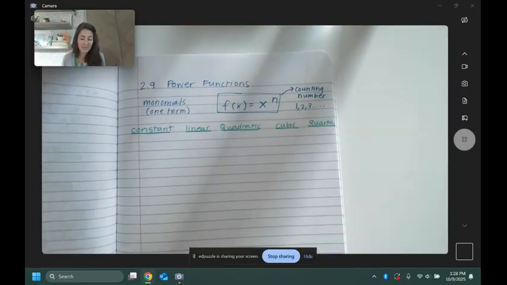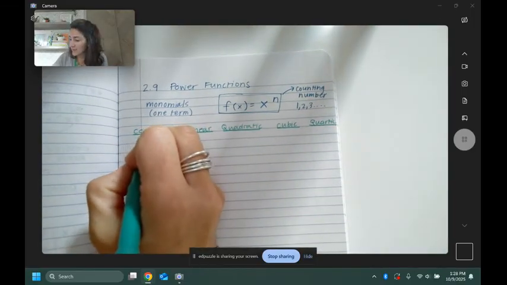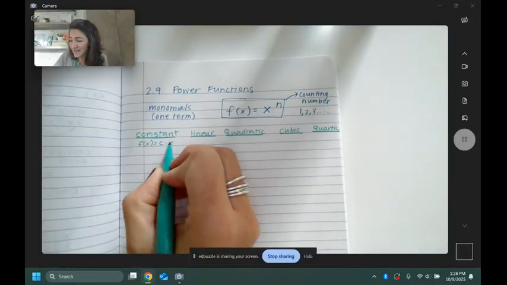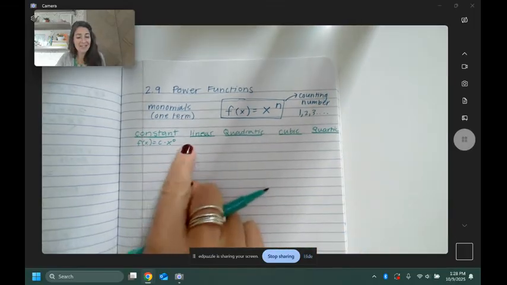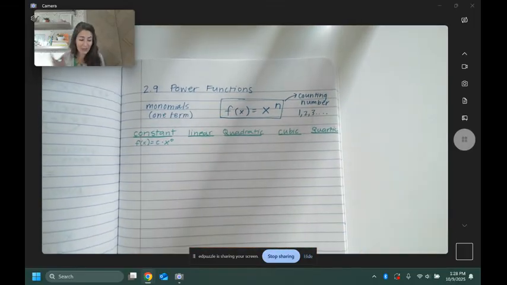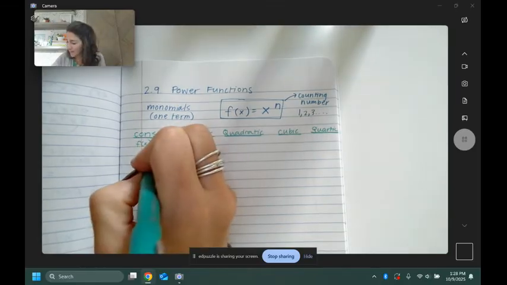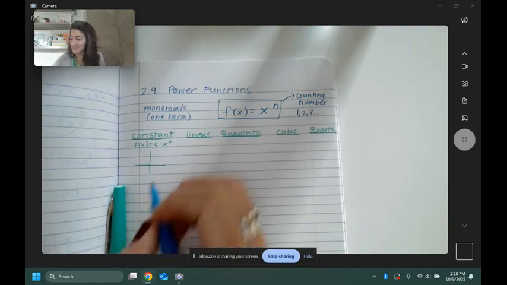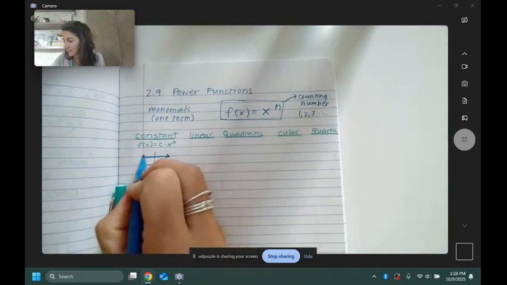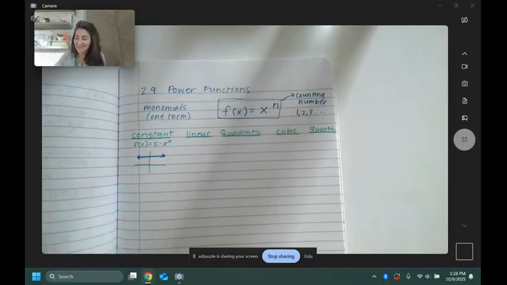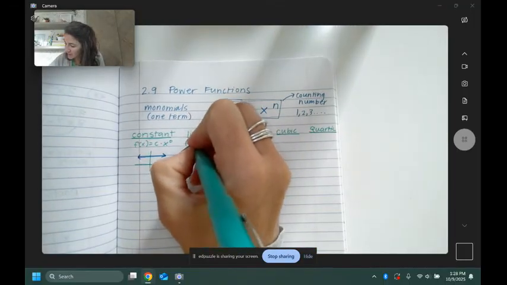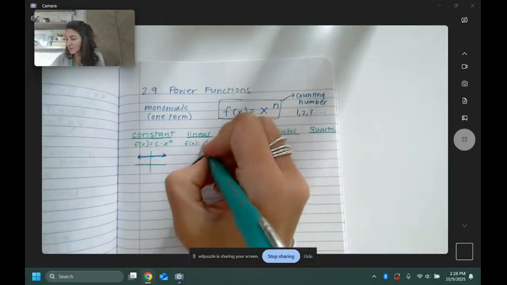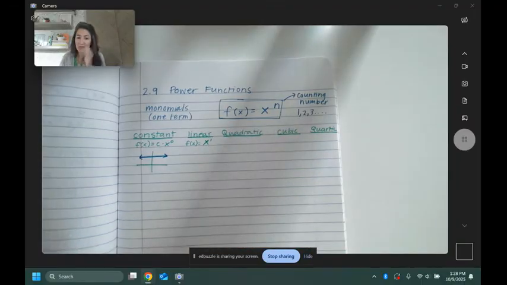So a constant function is going to be f of x equals c, technically times x to the 0, because x to the 0 is just 1, so it's still going to be c. The graph of a constant function is just a straight horizontal line like that. Linear, a linear function, again, you can have a coefficient, but generally you're just going to have x to the 1.